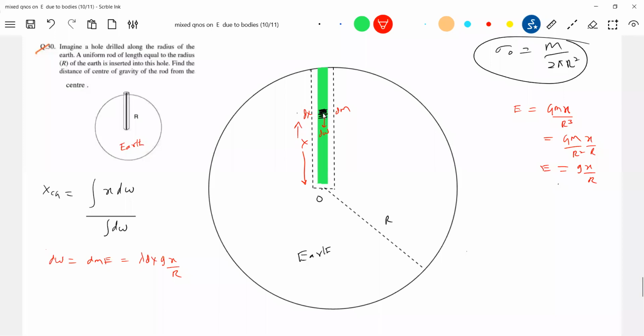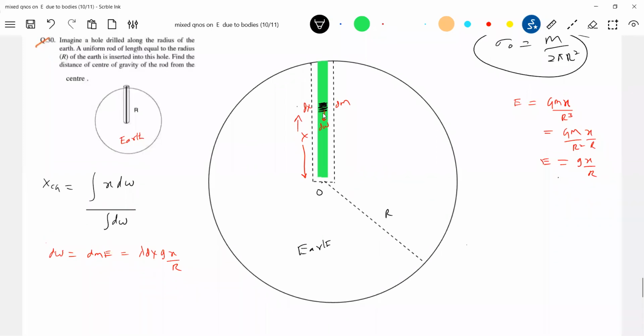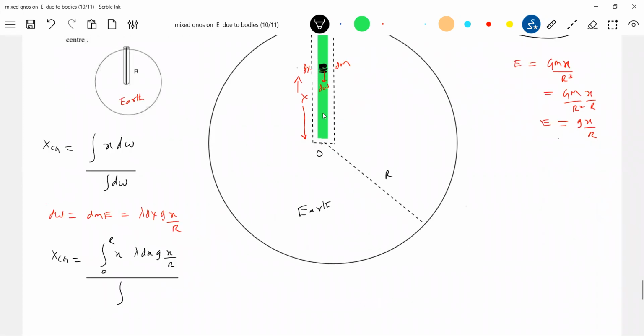So in this equation now, dw is lambda dx gx by R. Lambda g by R gets eliminated.